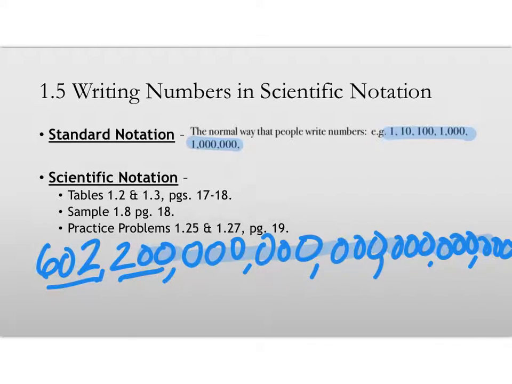So instead, we could write that in scientific notation, and it could be 6.022 times 10 to the 23rd. It takes up a lot less space, and you have the same information conveyed in here.